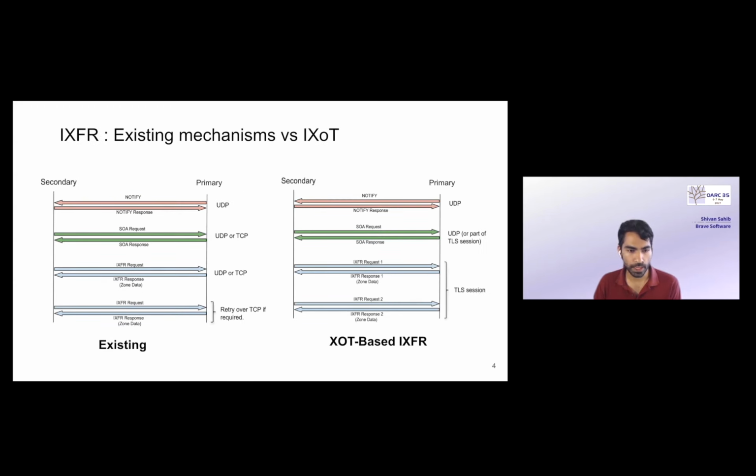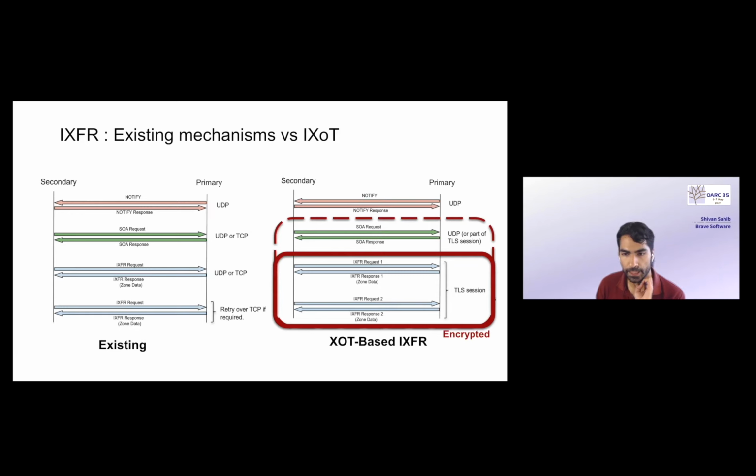So just to give a quick description of what this would look like. On the left-hand side, you can see the IXFR request and response happens over UDP or TCP, and this happens in clear text. We're proposing that you put the IXFR request and response, which constitutes a zone data transfer, in a long-lived TLS session.